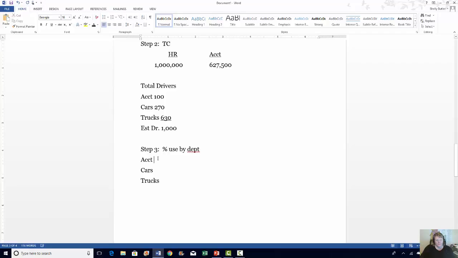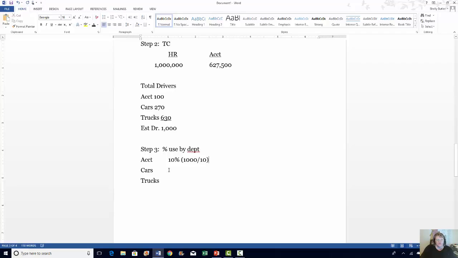Okay, so if accounting has 100 and the total drivers are 1,000, it would be 10%, right? So this is divided by 10.